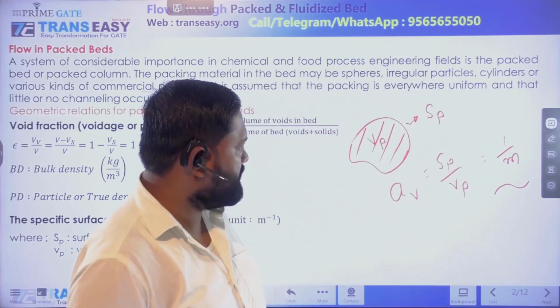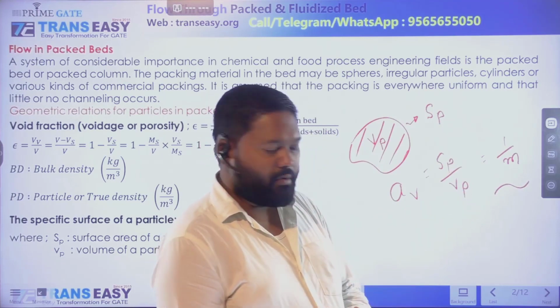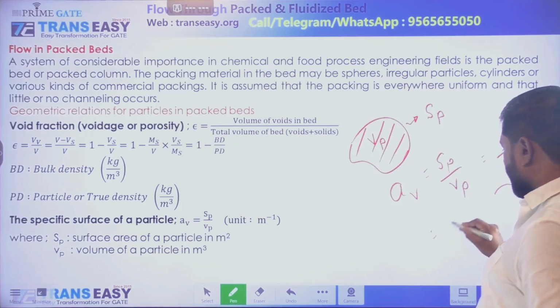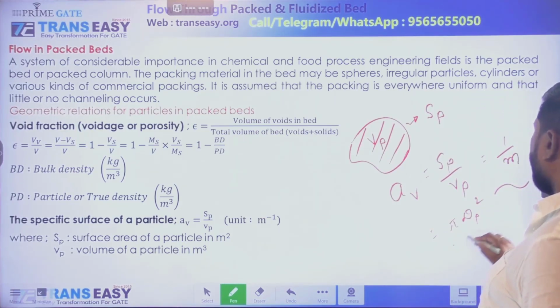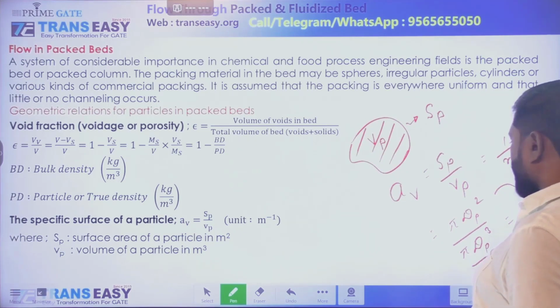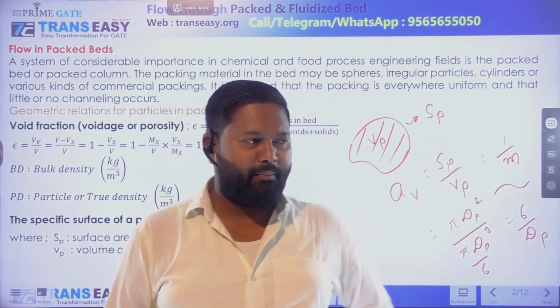Surface area of the particle upon volume of the particle. For a spherical particle, surface area is pi dp square and volume is pi dp cube upon 6. So 6 upon dp is the specific surface of a spherical particle kept in a packed bed.